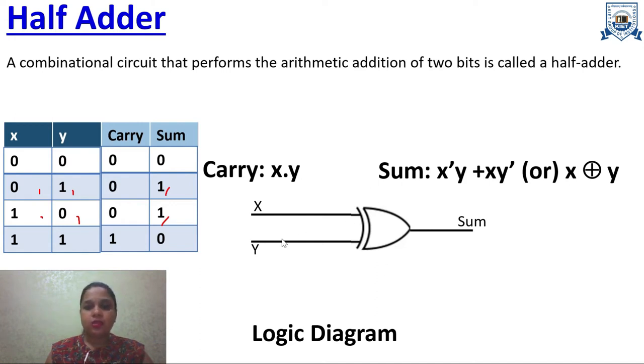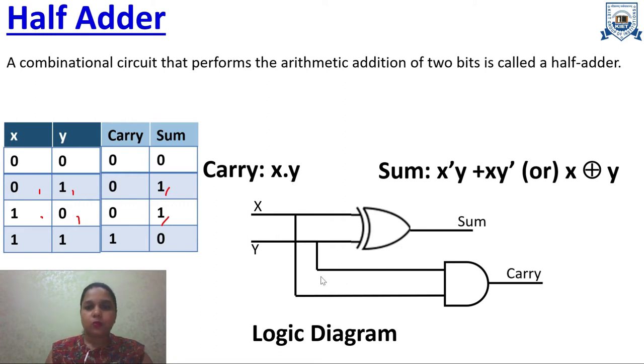So this is x XOR y. So sum is generated. Now we need to design x dot y. So x and y are already here. We need to put an AND gate only. So we will draw this. So x and y are taken from here and the AND gate is put here and the output generated is x dot y, that is carry.